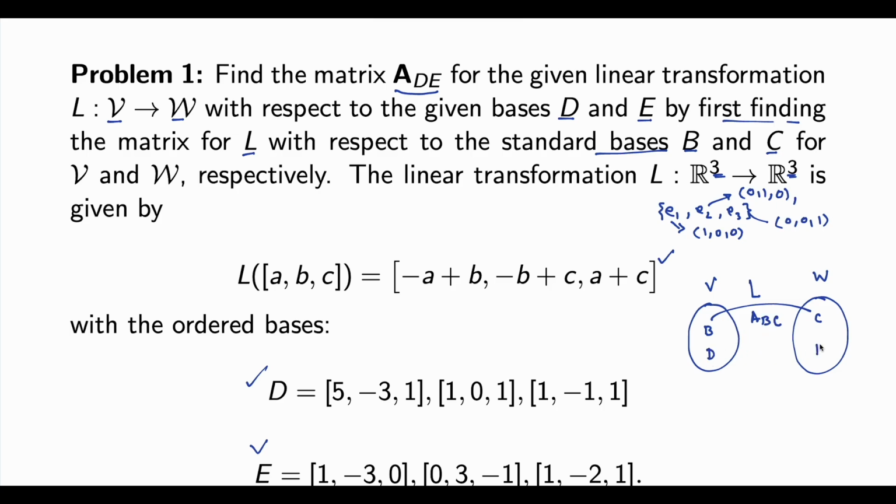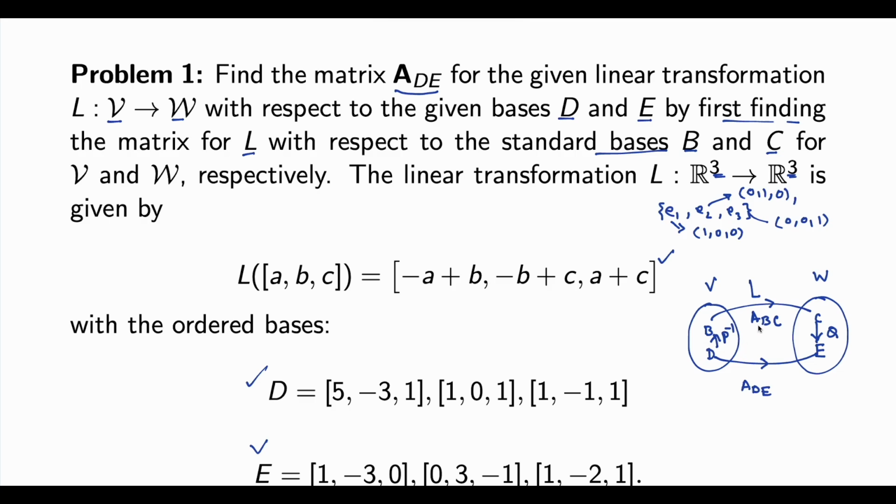D and E they have already given to you as two different bases, not standard. So you have to find this A_DE using the same theorem: you have to find Q, and you have to find P inverse, and then do the multiplication. This is our complete problem.